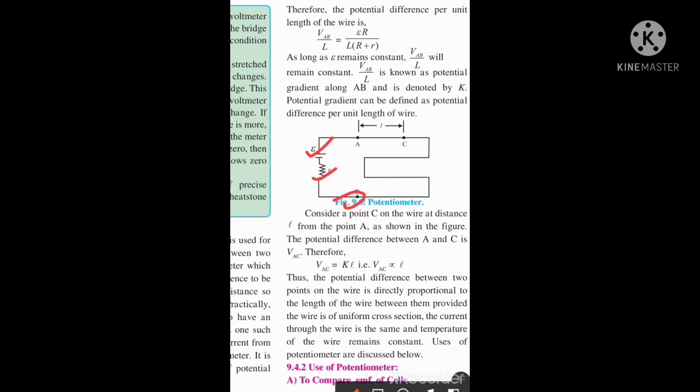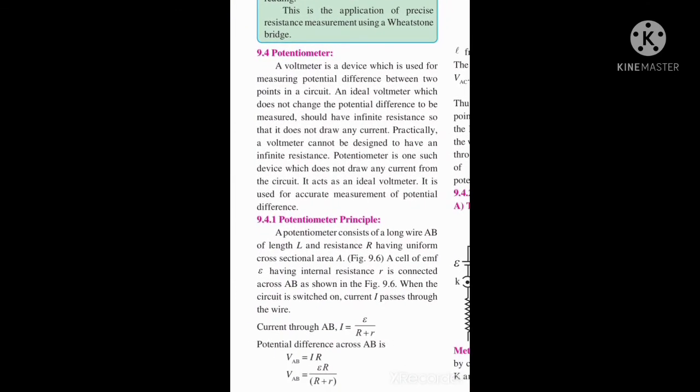The cell of EMF E having internal resistance r is connected across AB, as shown in the figure.